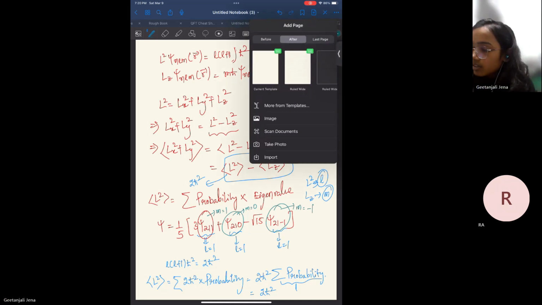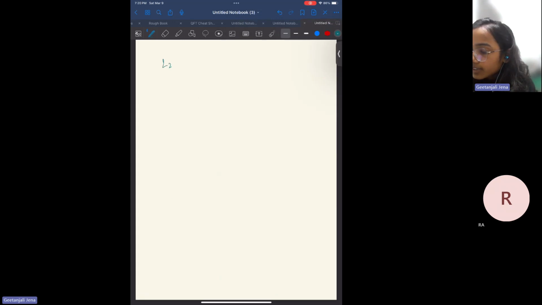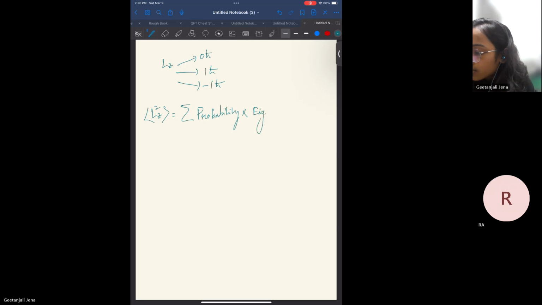That means the eigenvalues for Lz you will get are 0 h cut, 1 h cut, and minus 1 h cut. So the Lz square expectation will be the summation of probability and eigenvalue square, because it is Lz square, right?